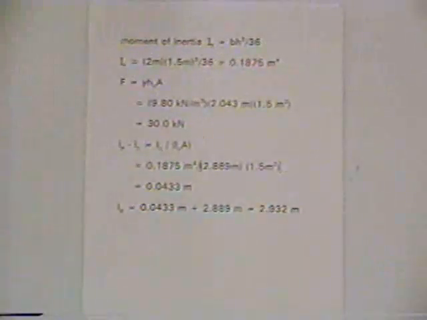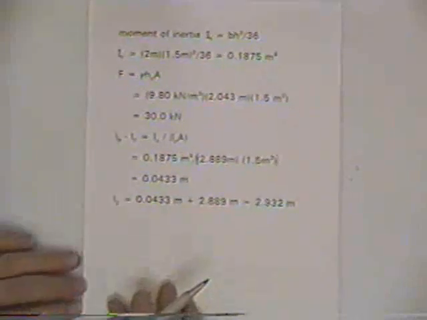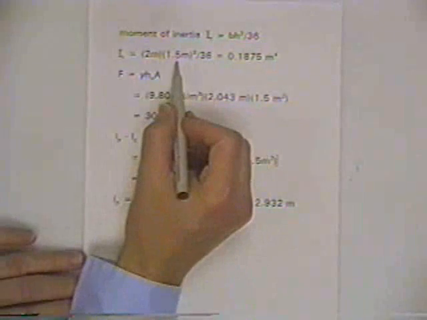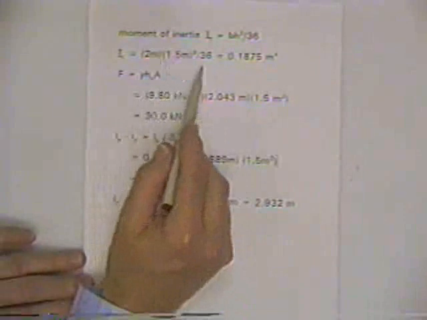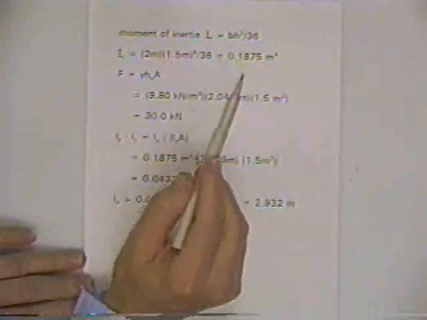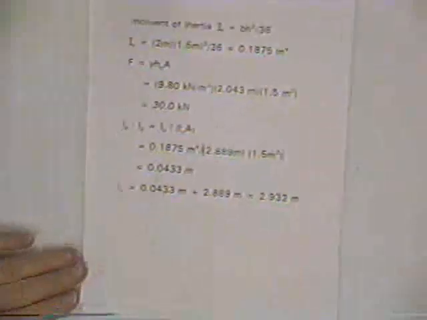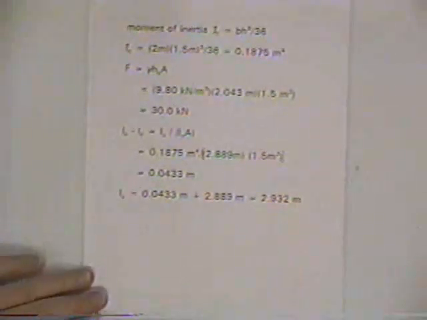Okay, the moment of inertia from the equation from the table in the reference handbook, we can plug in the base and then the 2 dimensions of the triangle, and it's the base times the height cubed divided by 36, and that'll give us 0.1875 meters to the fourth.